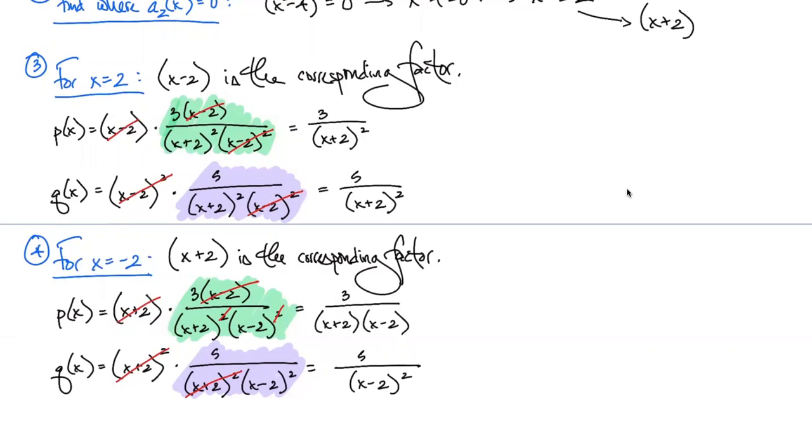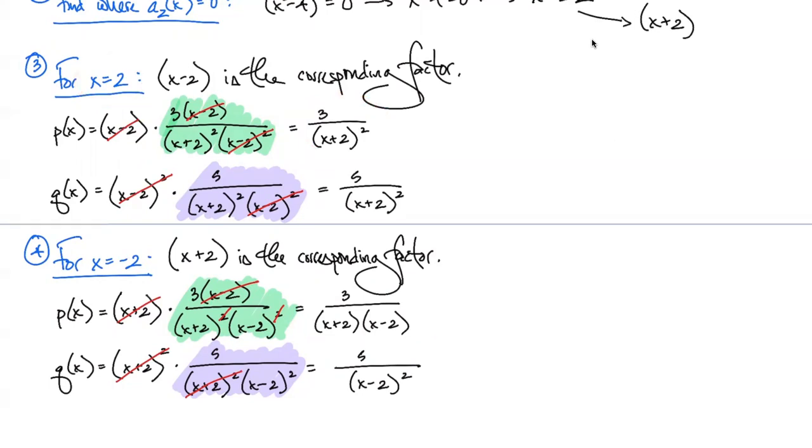But let's see if that's the case with all the other ones, right? So for x equals 2, if I plug 2 into what I get for the output, do I end up with anything that could possibly be undefined? And I think that our answer is no, right? Because if I plug in 2, I'm going to get 3 over 4 squared, and that's all good. That's defined, right?